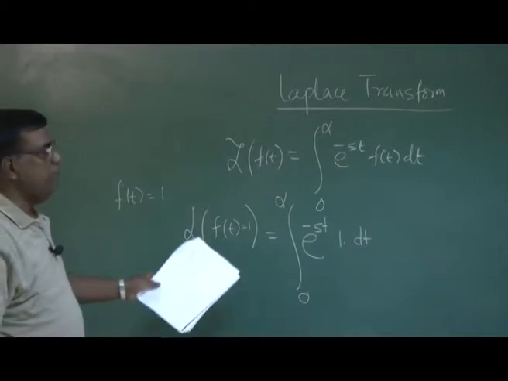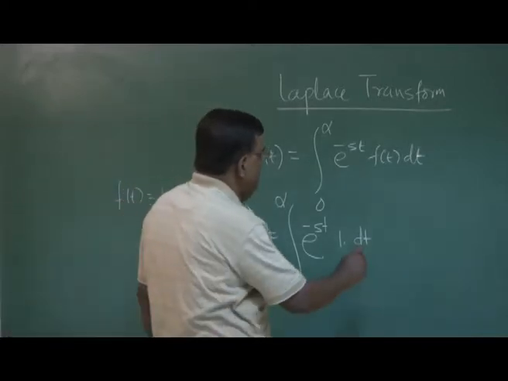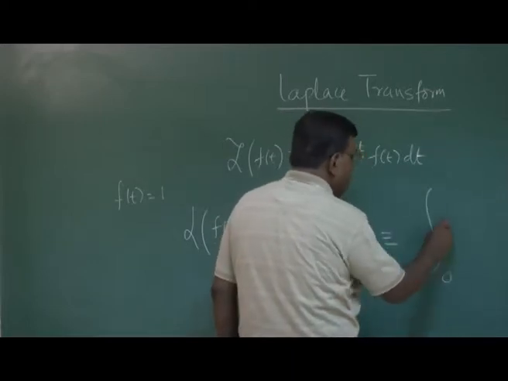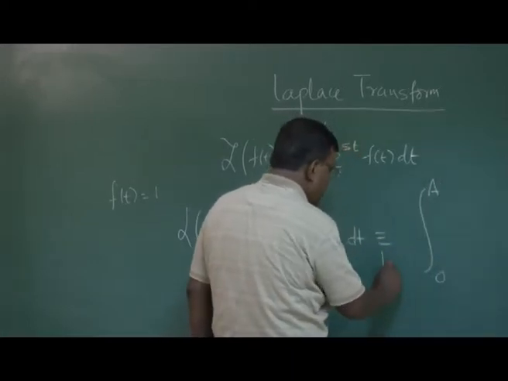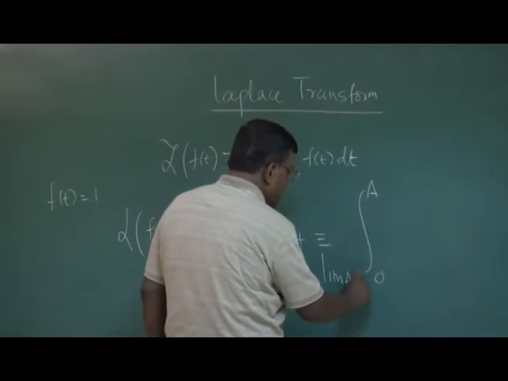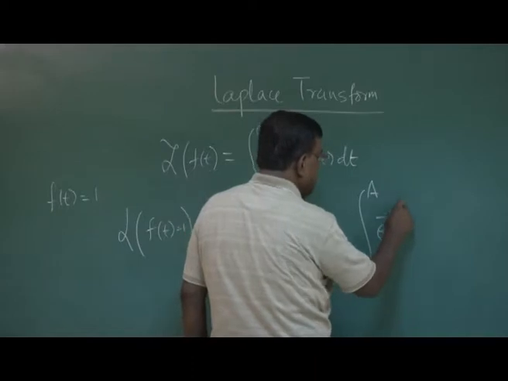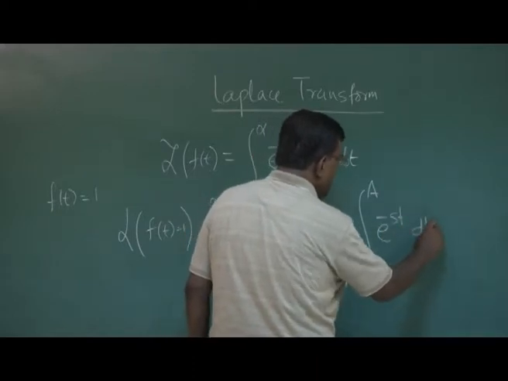However, you understand this is an improper integral, so we have to follow a procedure. So we'll write integral 0 to a limit. Don't get confused with limit and all such things. Limit a tends to infinity, e to the power minus st into dt.